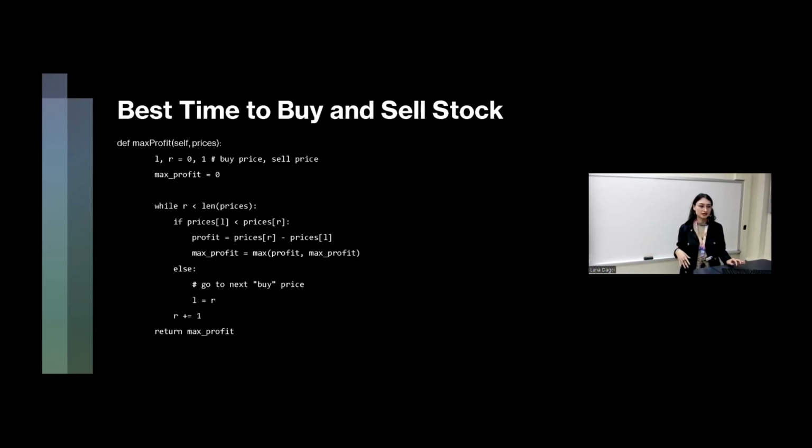If the next day is worse, that means we cannot make any profit, so we go to the next day. We shift our frame and set our left pointer to the right pointer, skipping those days because we cannot make profit. Then we gradually increase the frame by incrementing R, and finally we return the maximum profit.